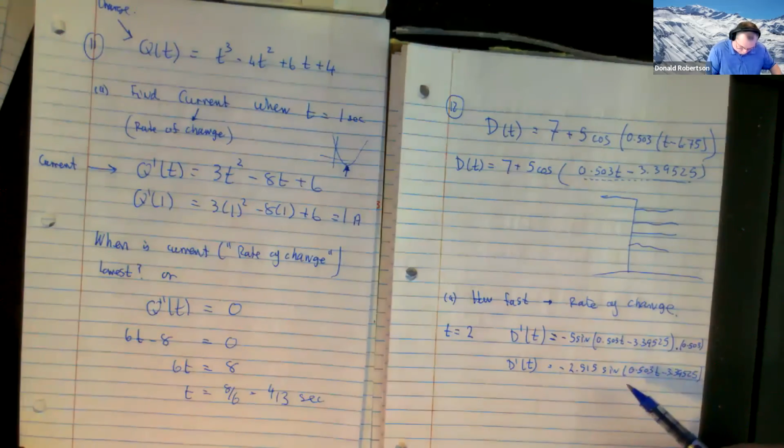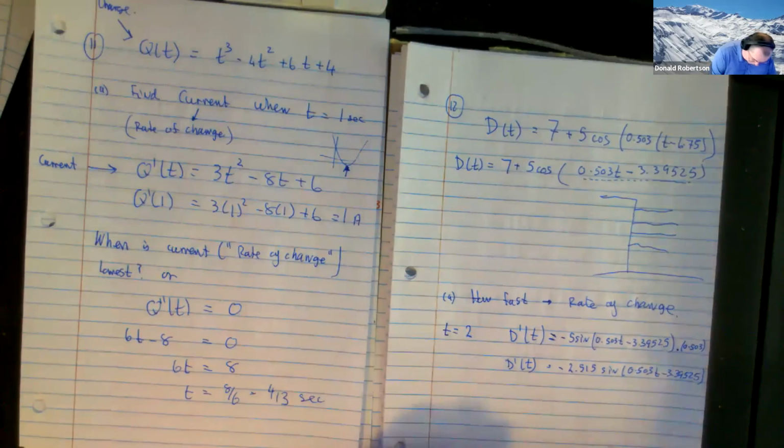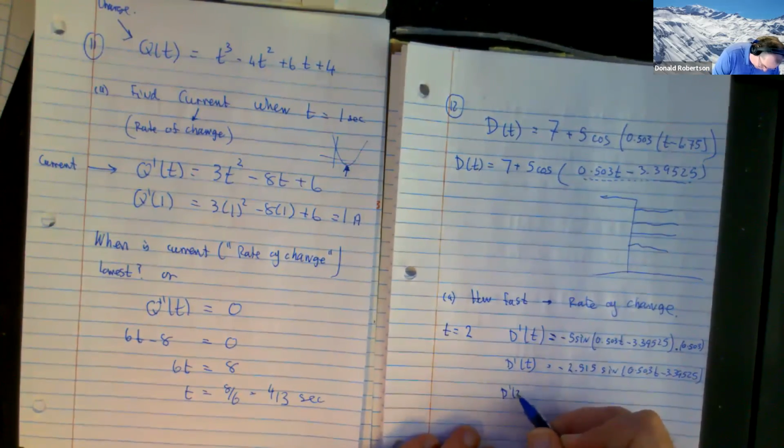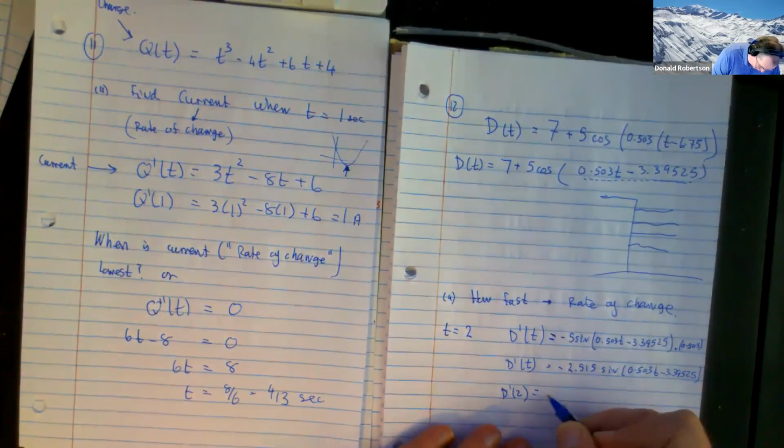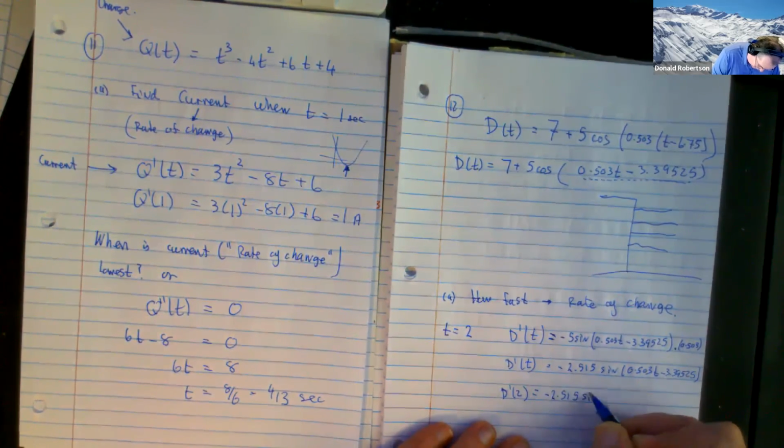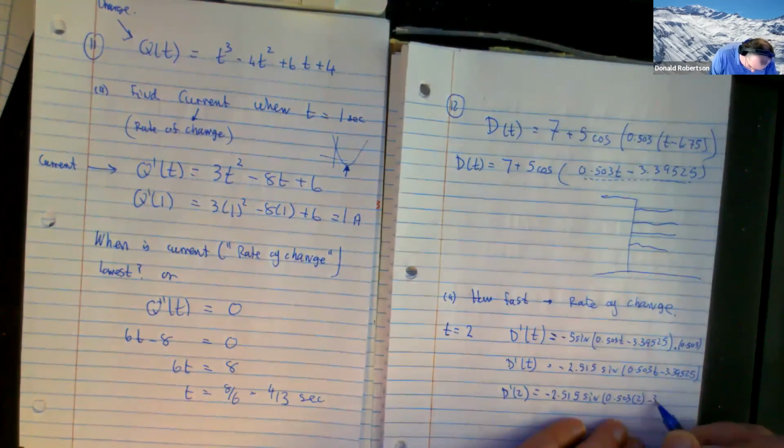So when you plug in 2, it's negative 2.515 times the sine of all this stuff, times 2, take away that guy.